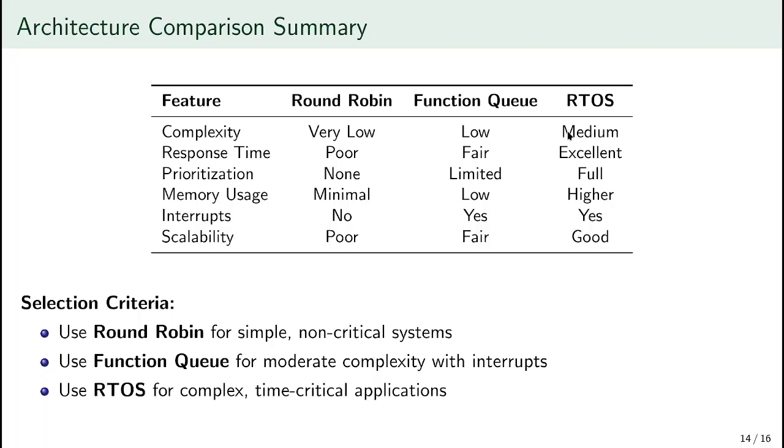In case of RTOS, it's fast and scalable, with full prioritization. So selection criteria: if we have a simple non-critical system, then we should use round robin. For moderate complexity and interrupts, we'll use function queue, and we'll use RTOS for complex time-critical applications.